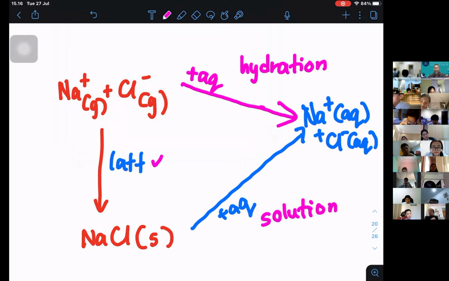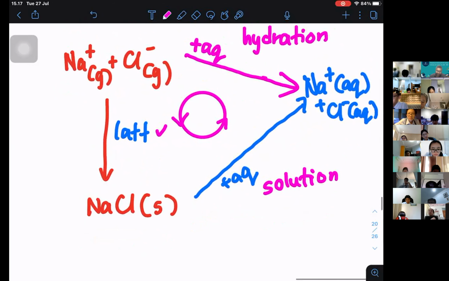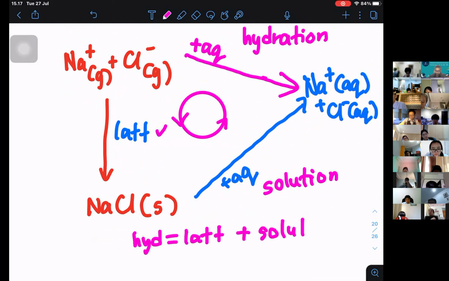From this, you will come up with an equation. Clockwise equals anti-clockwise. Lattice energy is clockwise, solution is clockwise, hydration is anti-clockwise. So I can just say hydration equals lattice energy plus solution.